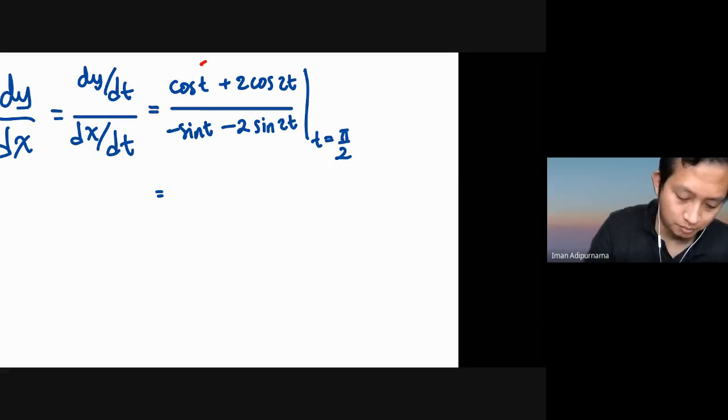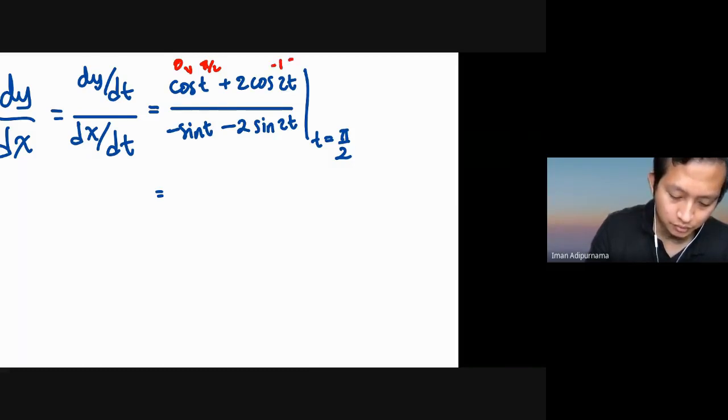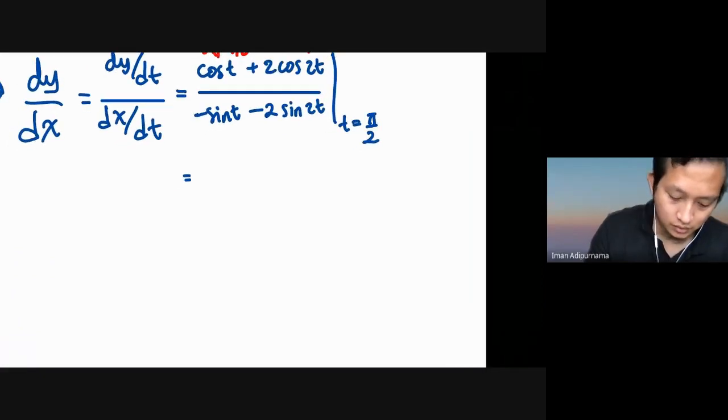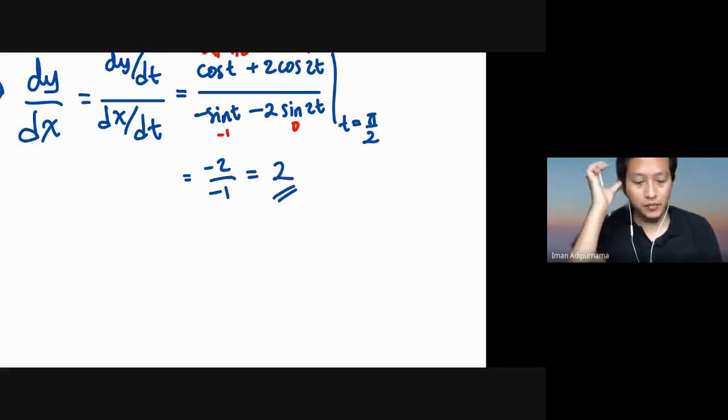You see here pi over 2 becomes 0, and this becomes negative, so negative 2. This becomes 0, this becomes negative 1, so it will be negative 2 over negative 1, and then this will be 2.